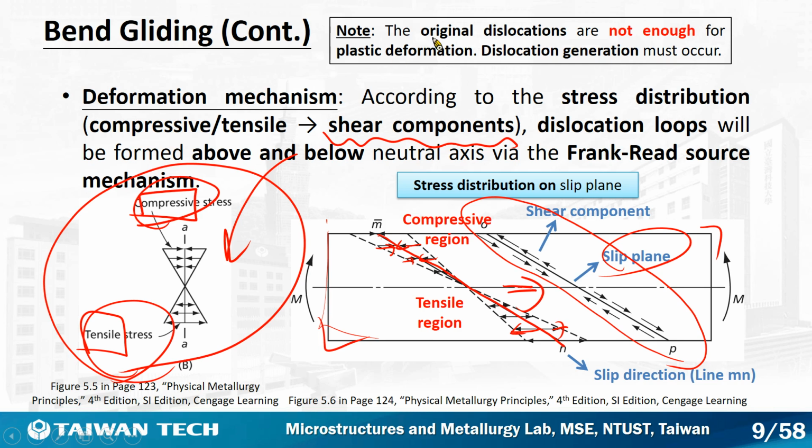And here is the Frank-Read source mechanism. As we said, the original ones are not enough to cause this plastic deformation. So we now have a slip plane and a shear component like this. And then let's now talk about it in more detail.